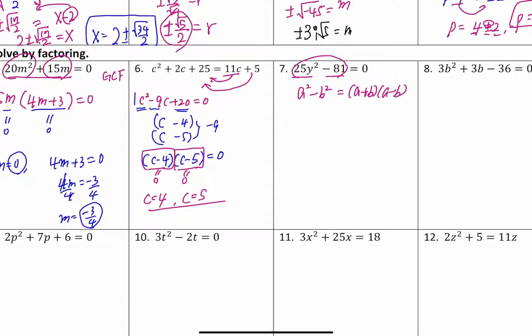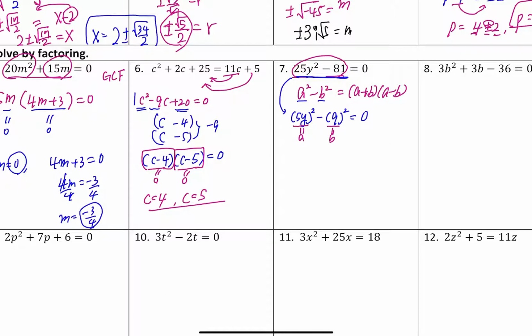So from the given terms, we should identify a and b. Okay, so I'm going to make (5y) squared minus 9 squared from the given terms. And then you take 5y as a and 9 as b.